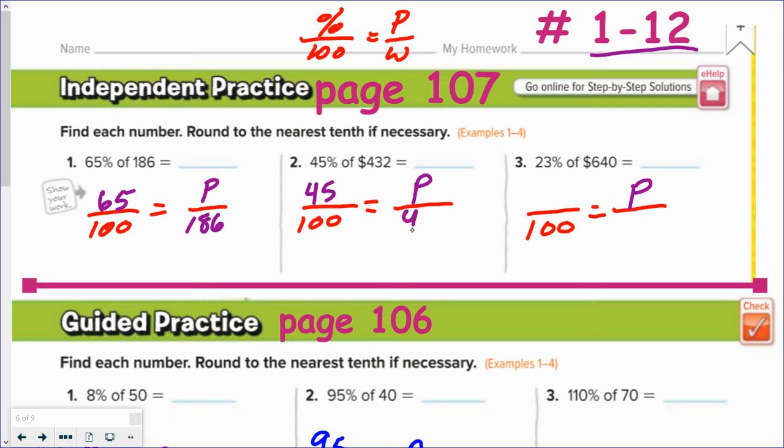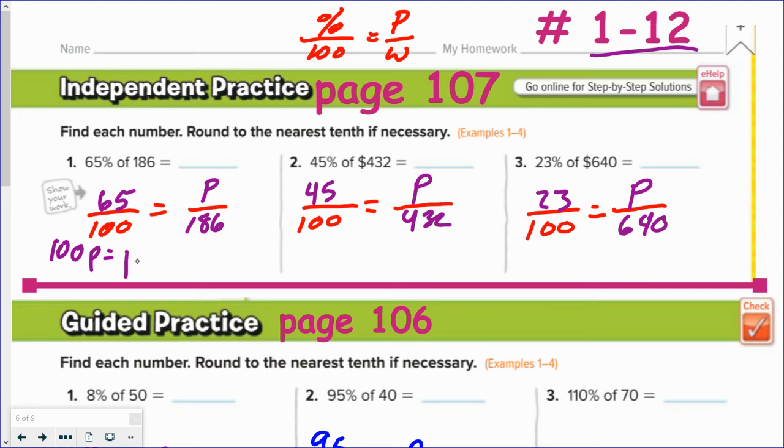45, 432, 23, and 640. Okay, so now those are set up. And I wrote big just so that I know that you guys can see it off of your screens. So now, just do your cross products. Take your 65 times your 186, and that's equal to my 100p. 65 times 186 is a huge number.